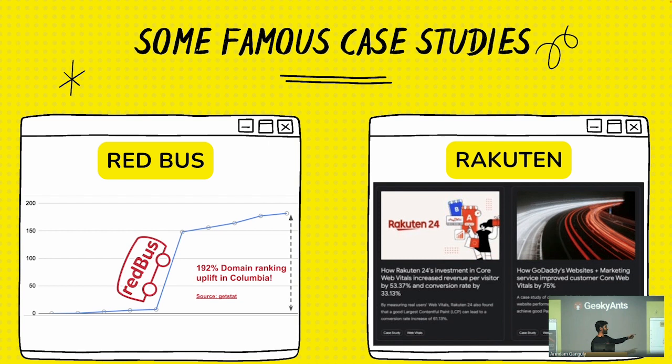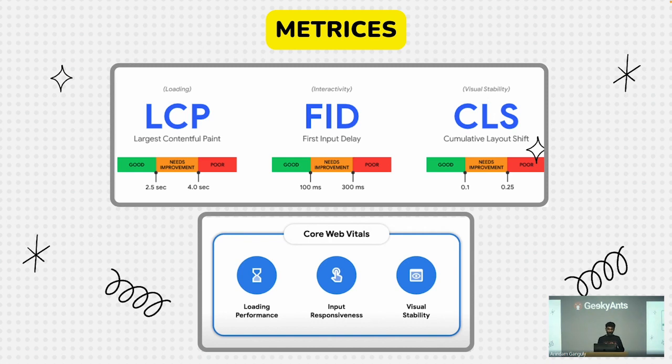The conversion rate also increased by almost 33%. That's something great that they could achieve. Similarly, GoDaddy's marketing team started investing in core web vitals, and their marketing service improved by almost 75%.